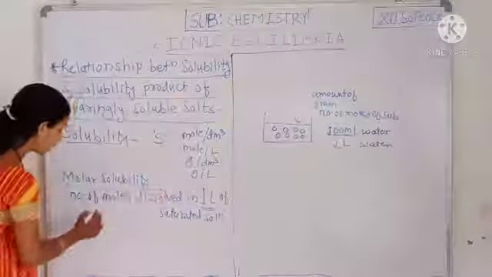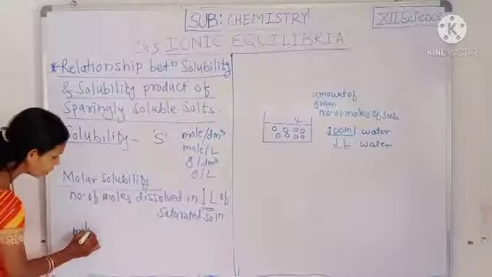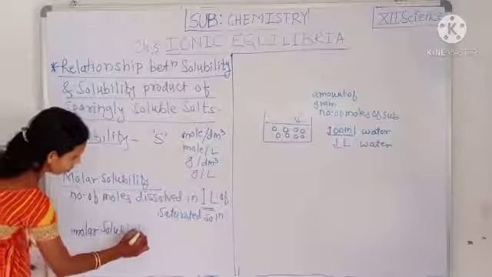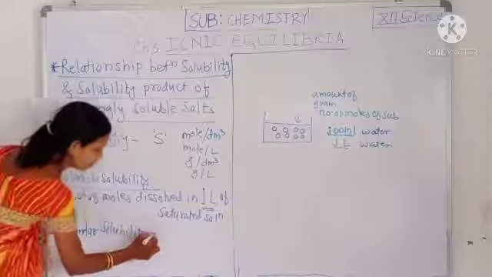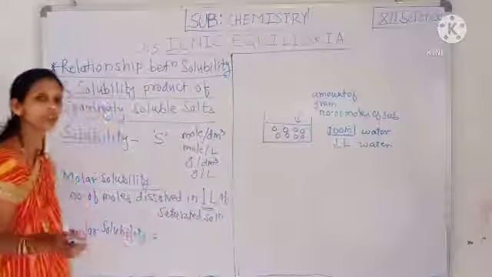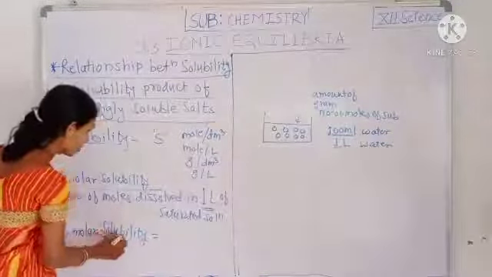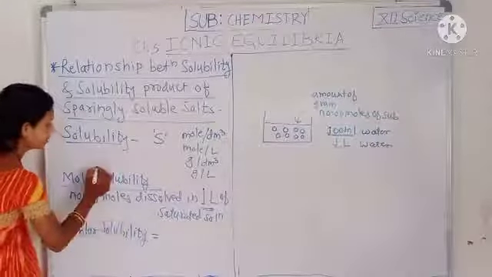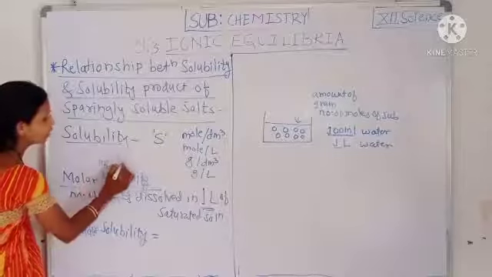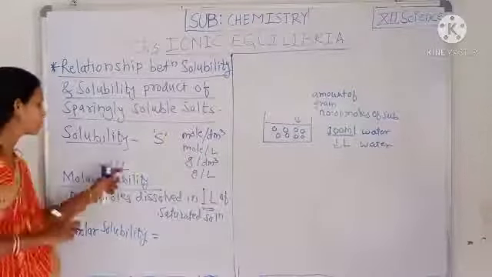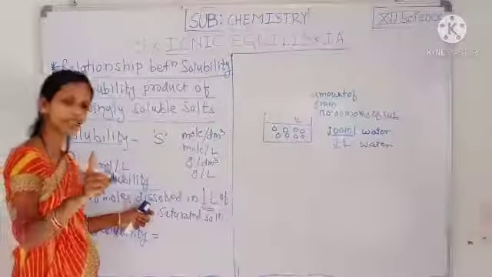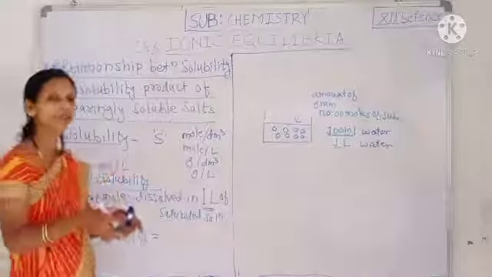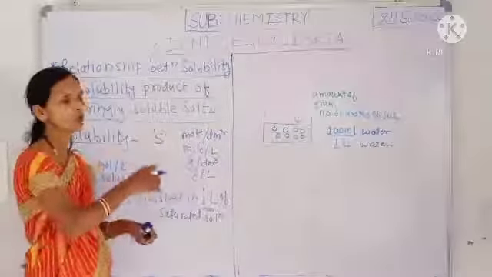We can calculate the molar solubility of any substance by using a formula. The unit of molar solubility is mole per liter, because 1 liter of saturated solution is considered, in which the total number of moles of that salt is present.